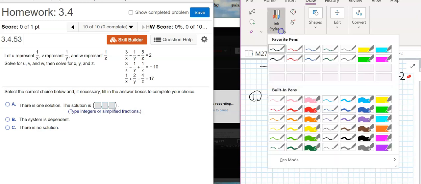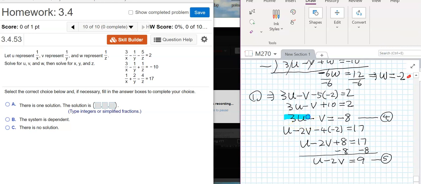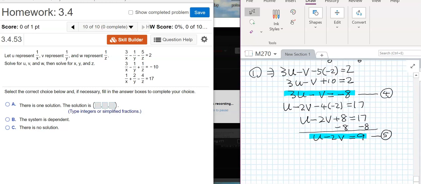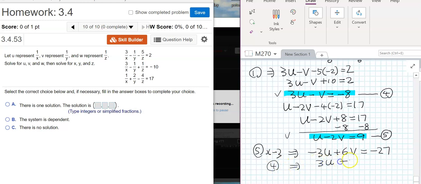So this time I'm going to work with number 4 and 5. When I look at number 4, I get 3u. When I look at number 5, I get just a u. So what I'm going to do is multiply 5 by negative 3. That makes negative 3u minus 6v equals negative 27. I'm going to put number 4 underneath: 3u minus v equals negative 8.